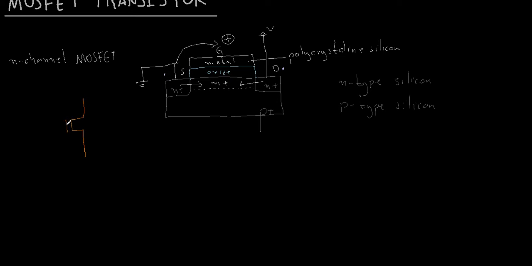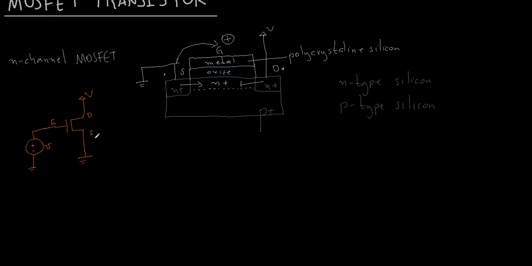And between the gate and the source, we apply another voltage. Let's call that voltage small v. So this is the schematic symbol for the MOSFET. So we apply a voltage between the gate and the source here, and after that a current can flow from here into here.